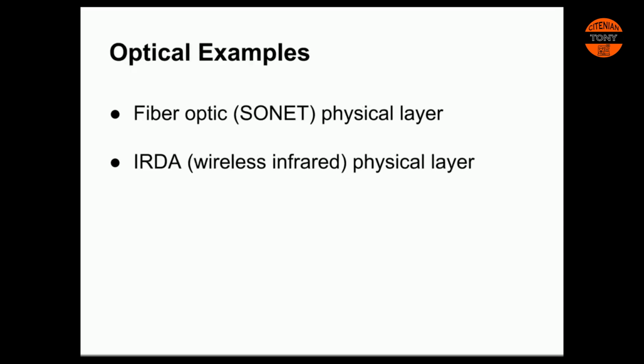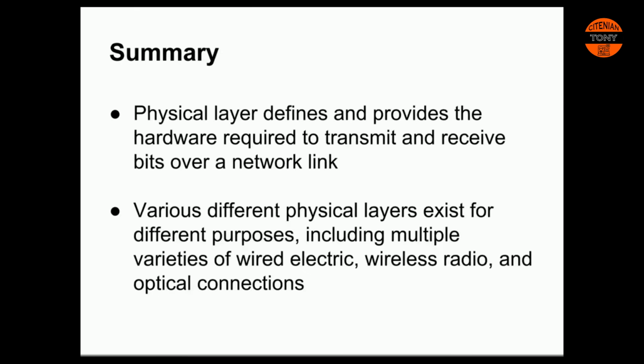Fiber optic also has specifications. For example, wide area fiber optic systems, or SONET rings, have their specifications. And even the combination of optics and wireless with the infrared light-based wireless devices, wireless infrared, or IrDA, has a physical layer specification.